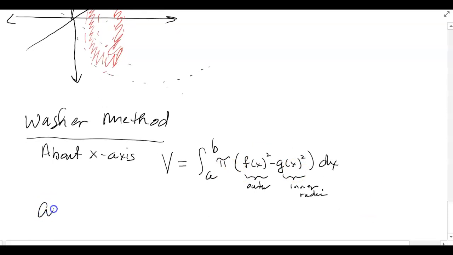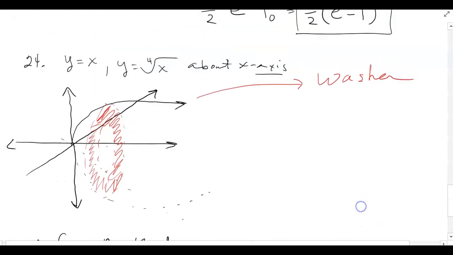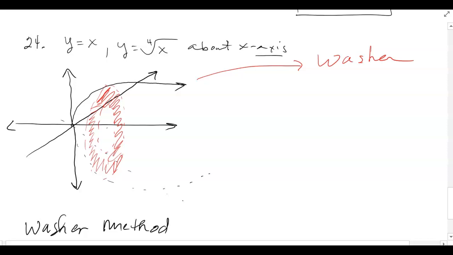Of course, if this was about the y-axis, it would be very similar, but we would go from C to D. And let's use P of y squared minus Q of y squared, and it would be a dy. To understand this, you have to get a picture of what these graphs look like.